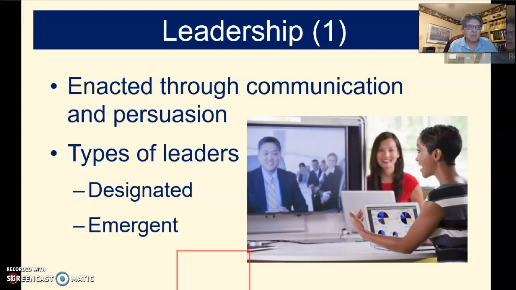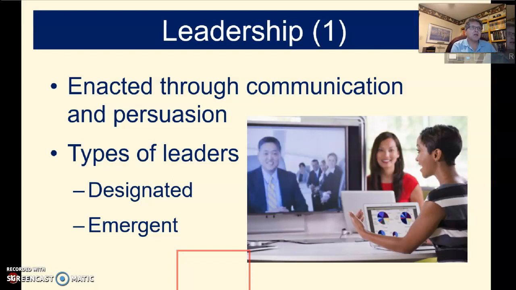And as such, there are different types of leaders. There is designated leader, and there is also emergent leaders. Designated leaders are usually those who are elected to some form of office or appointed to some function. So for example, in a group, the chairman of the board or the supervisor may be a designated leader.